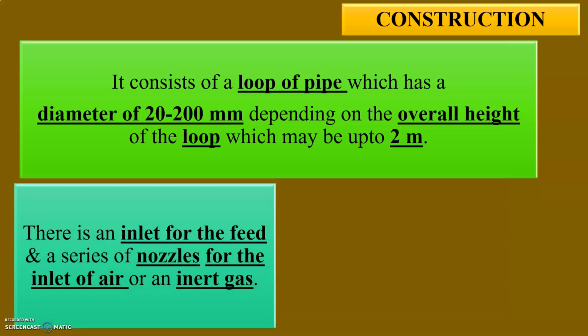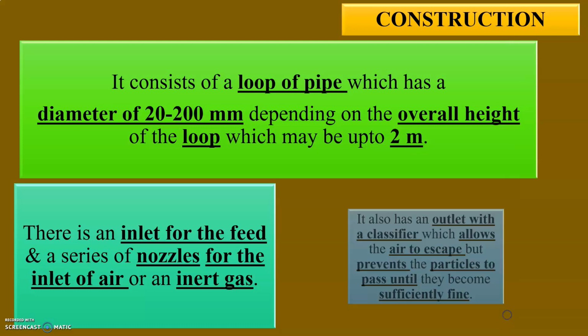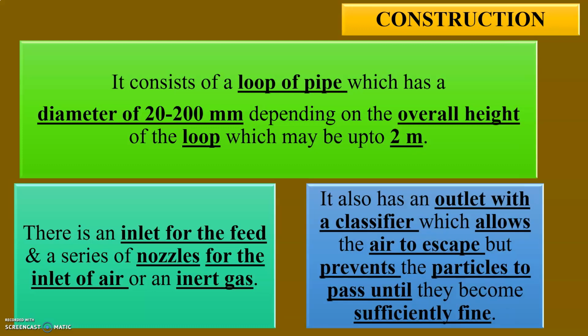There is an inlet for the feed and a series of nozzles for the inlet of air or an inert gas. It also has an outlet with a classifier which allows the air to escape but prevents the particles to pass until they become sufficiently fine.